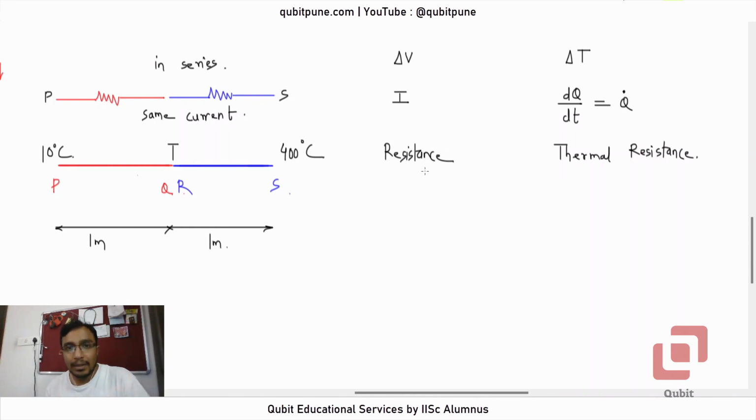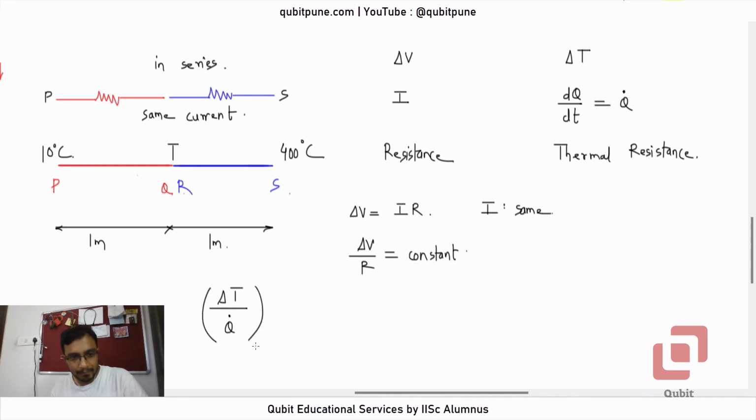Look, Ohm's law tells me that delta V is equal to IR, but now I know that current is the same for both, so I can write delta V by R as constant. So in our case, I can say delta T by Q dot for PQ must be delta T by Q dot for RS.